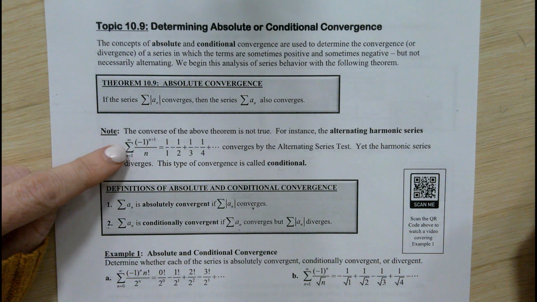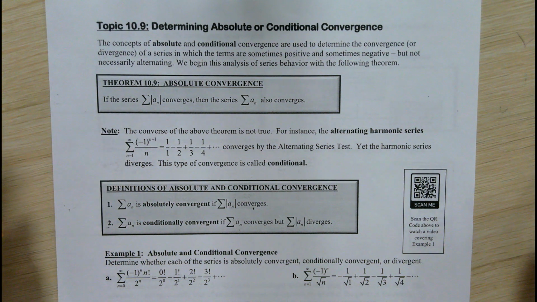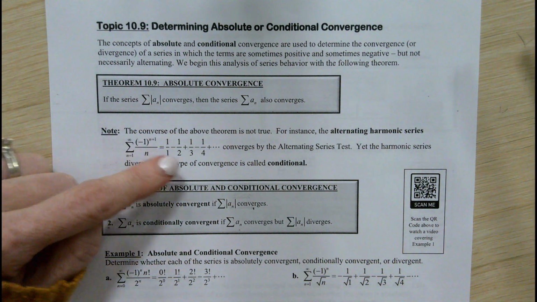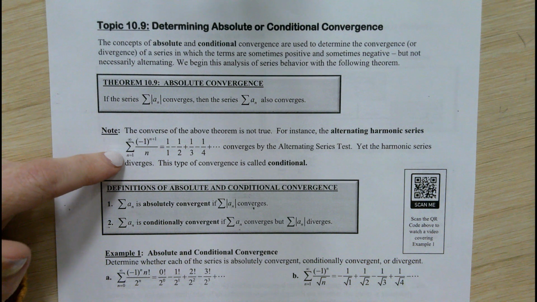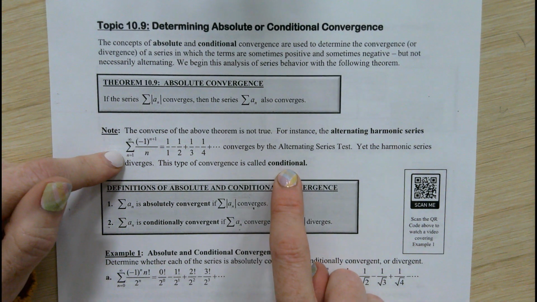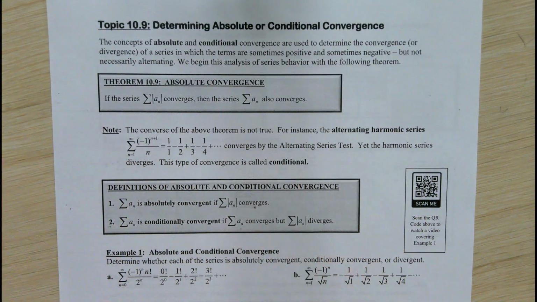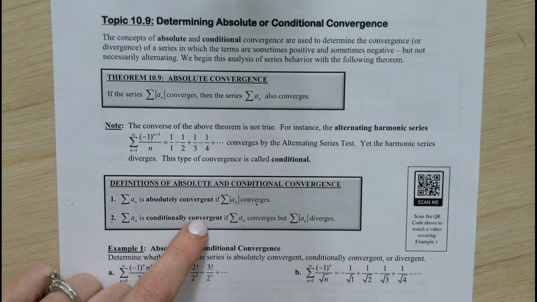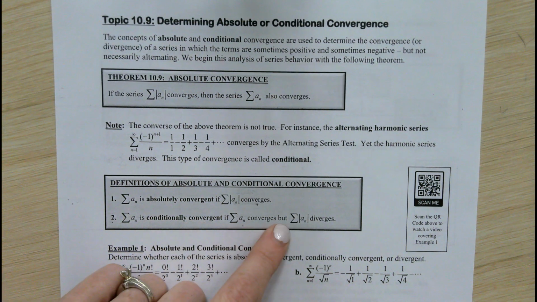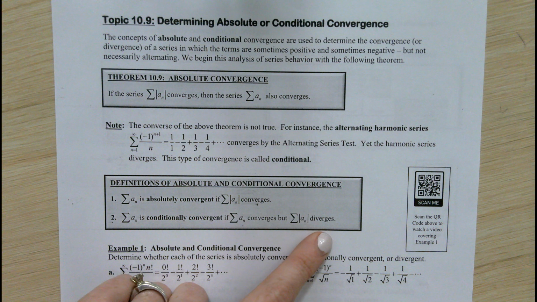And so if you take the absolute value of the series and you get a divergent answer, we have to come back and consider whether the fact that some of the terms being negative results in this series converging in what we call a conditional way. So based on the condition of negative terms showing up. We'll say that a series is conditionally convergent if the series converges, but its absolute value diverges.